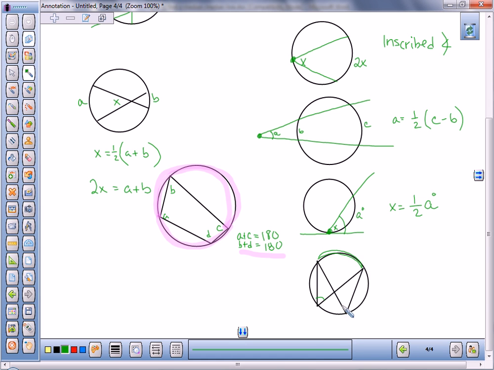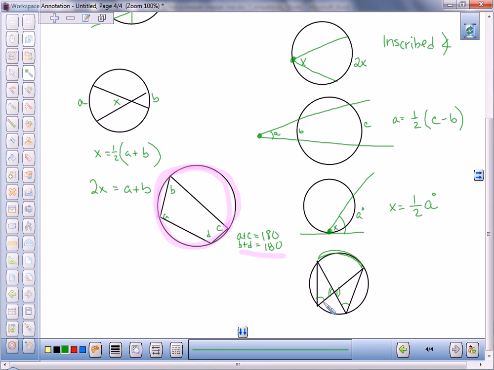So whenever they intercept the same arc, the angles are congruent. So what do we know about these angles right here? They're congruent. So what do we know about these triangles? They are similar. So we can put their sides in proportion.